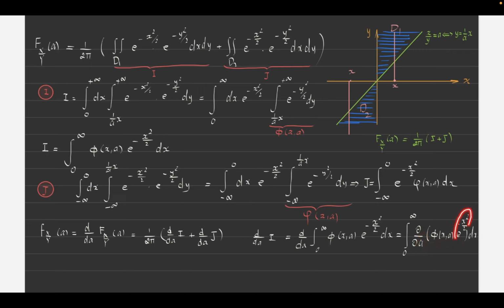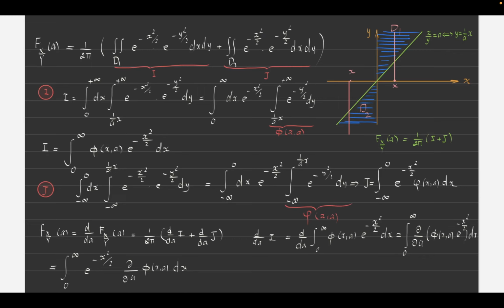Now look, I have to differentiate this function with respect to a. There is no a dependence in the exponential, so I can pull it out and concentrate on differentiating phi. If I continue one more step, it becomes the integral from 0 to infinity of e to the power of minus x squared over 2 times the partial derivative of phi of x and a with respect to a, dx.